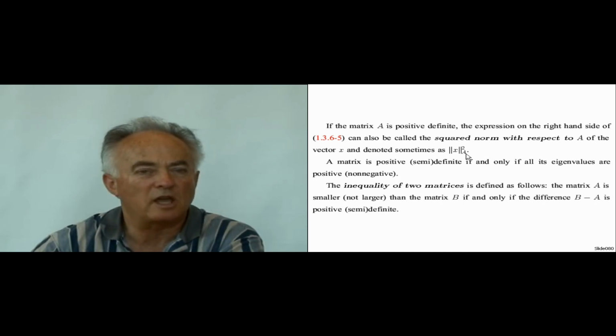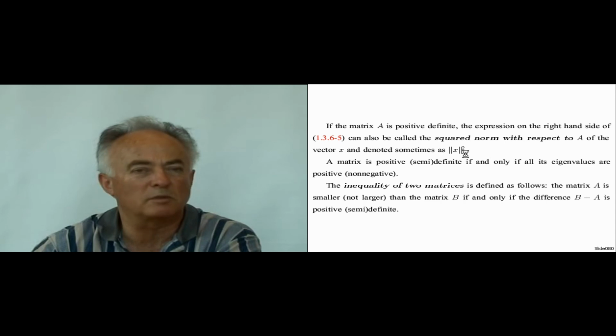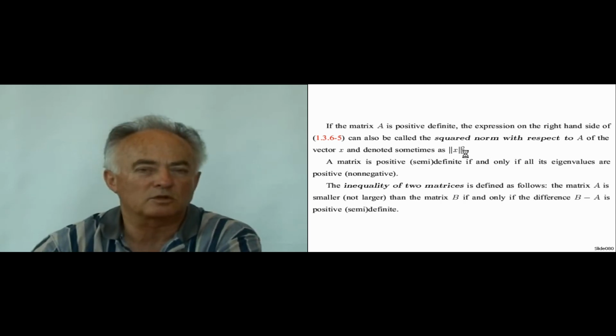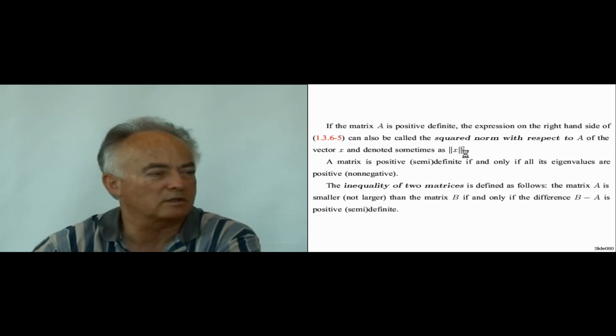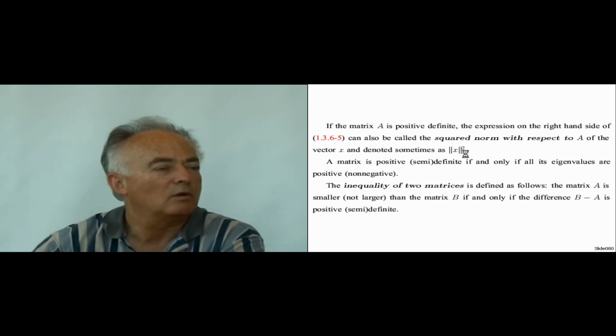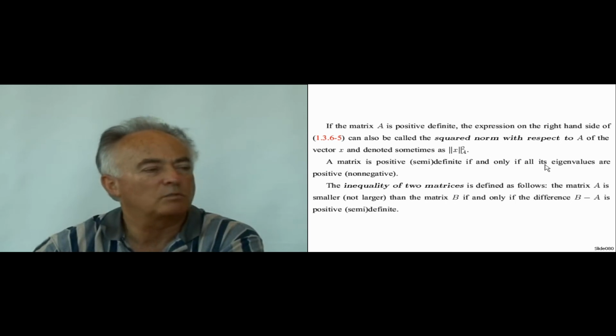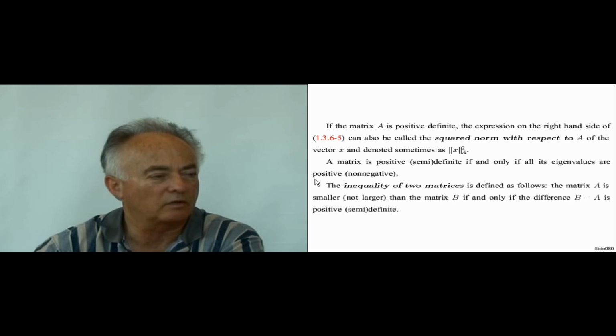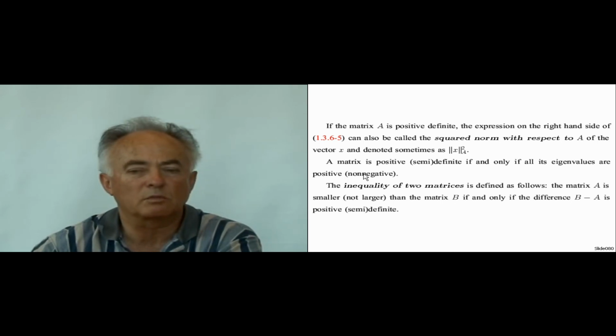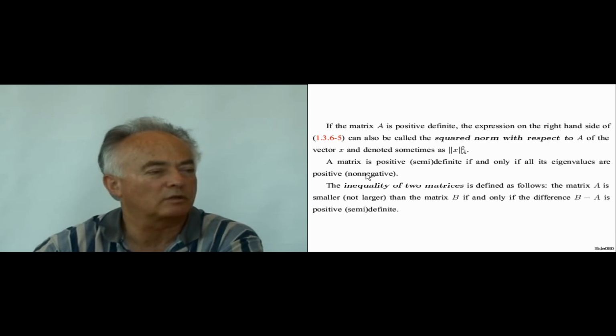Remember, if A is the identity matrix, you just get the standard squared norm x prime x, which is the sum of its components squared. Now, a matrix is positive definite or semi-definite if and only if all its eigenvalues are positive or non-negative. So really the connection between positive definiteness and eigenvalues is quite straightforward.